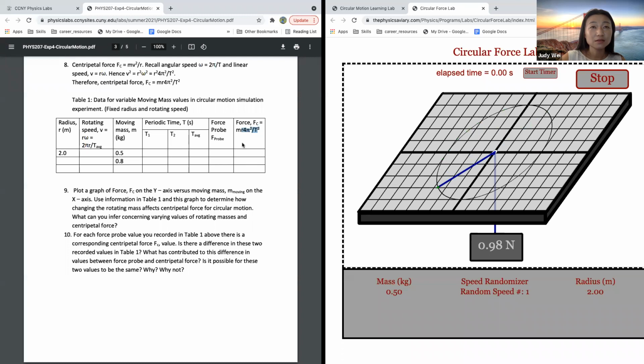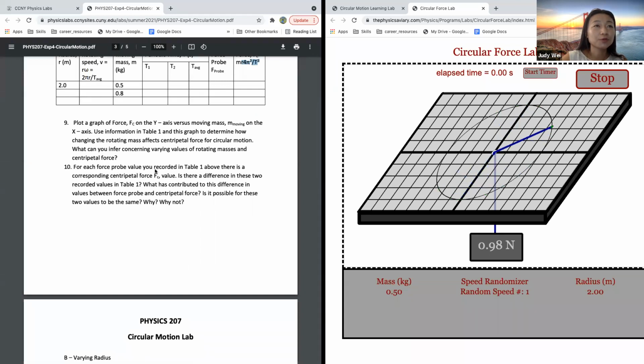That means there will be a linear relationship between Fc and m. So the slope will be r times 4 pi squared over t squared. Let me think. Yes, this is a linear relationship. So this is what you can infer, or you can infer some other conclusions you find.